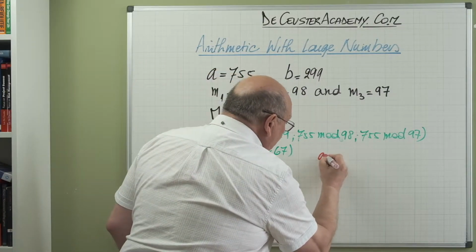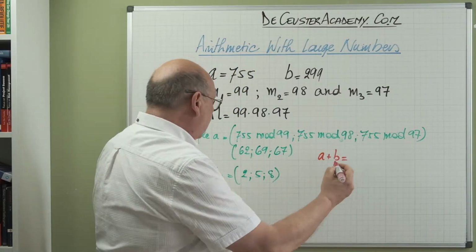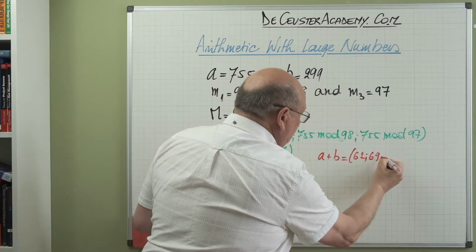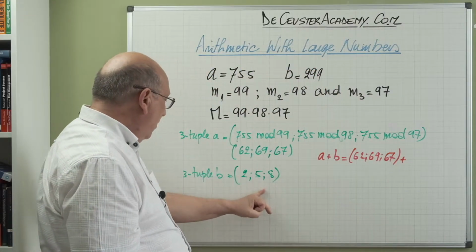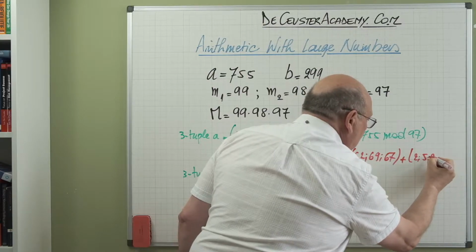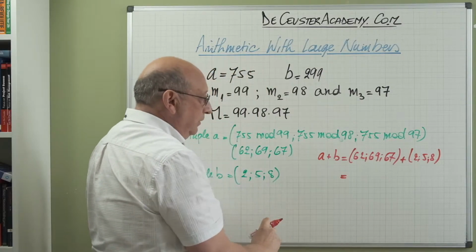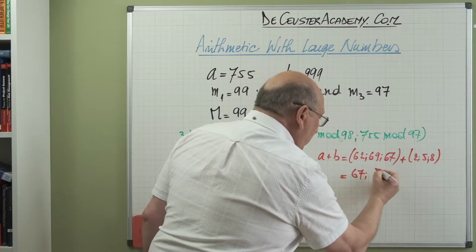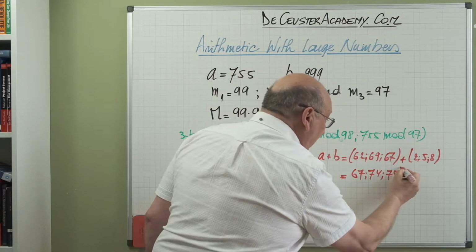Let's first look at A plus B. So we have the n-tuple here, 62, 69, and 67, plus the three-tuple of B, 2, 5, and 8. And we find that the three-tuple for A plus B is 67, 74, and then 75.